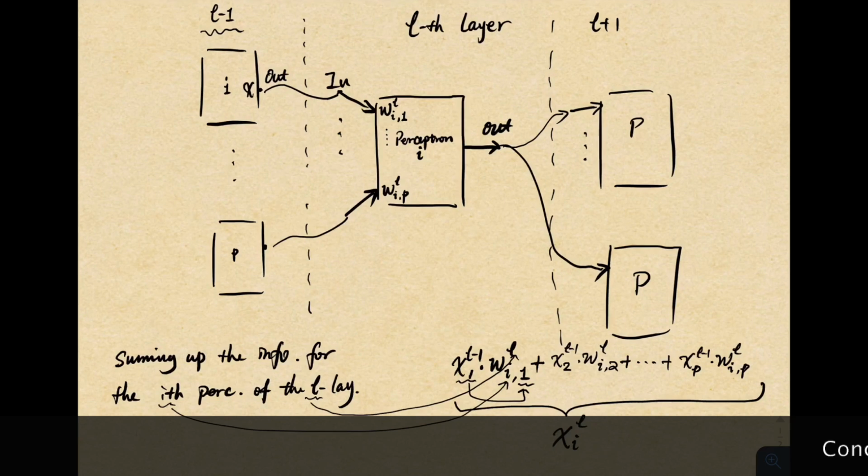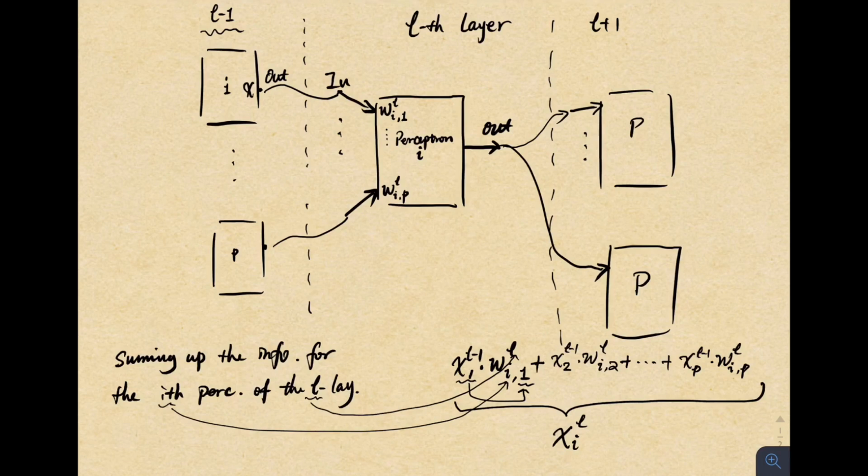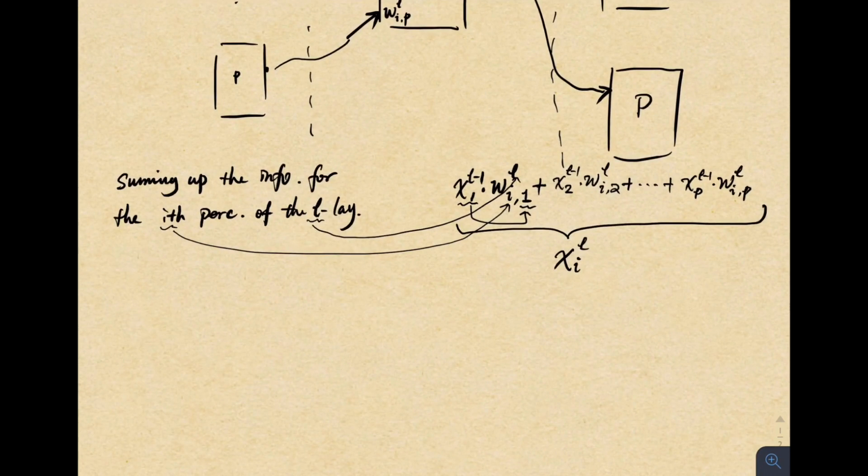Okay. However, that representation of the operation is too mouthful for us to comfortably discuss neural networks at a later stage. So for our convenience, let us reformulate this operation in matrix and vector form, which will turn out to be very convenient later. Okay. Let us write those x in a row. x of L-1, the first one, and x of L-1, the second one, up to x_p of the L-1th layer.